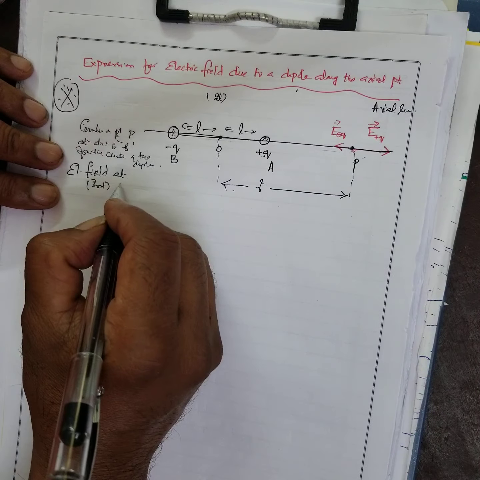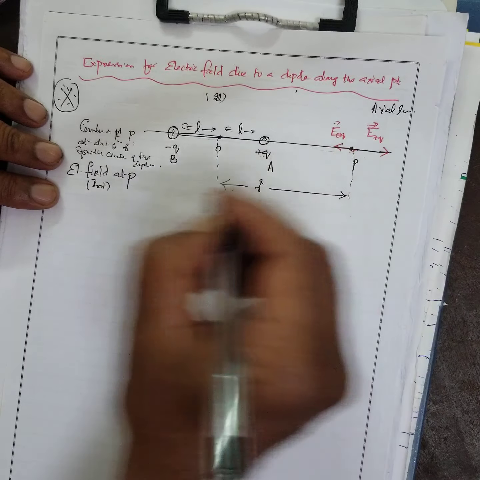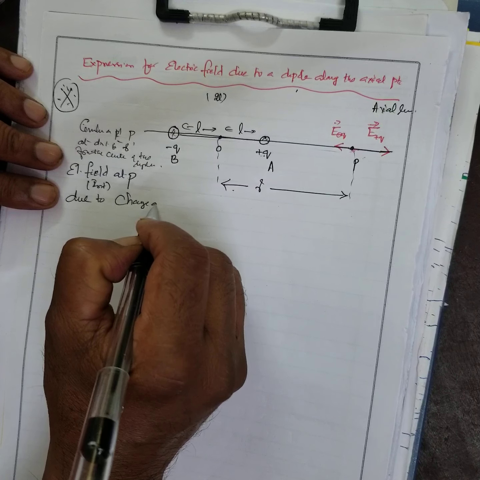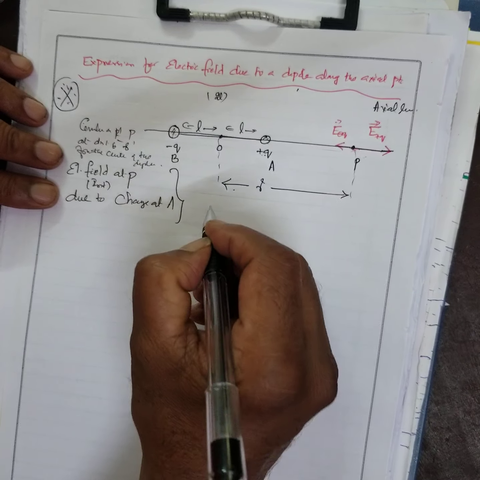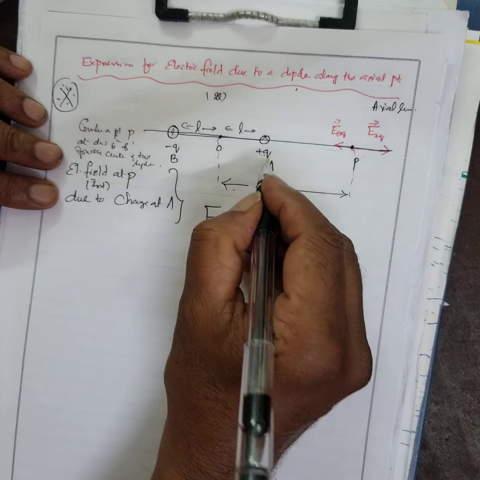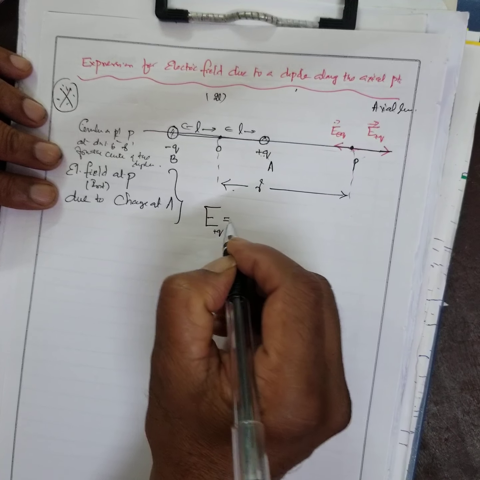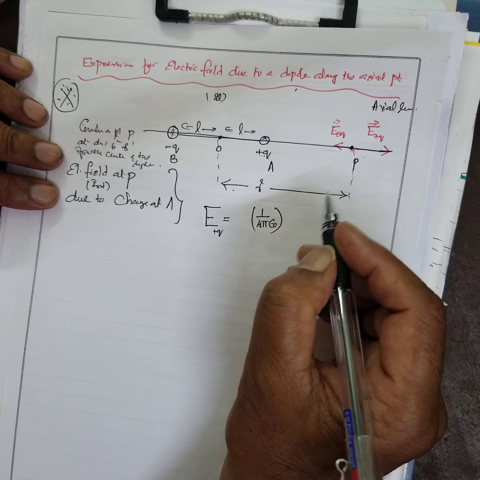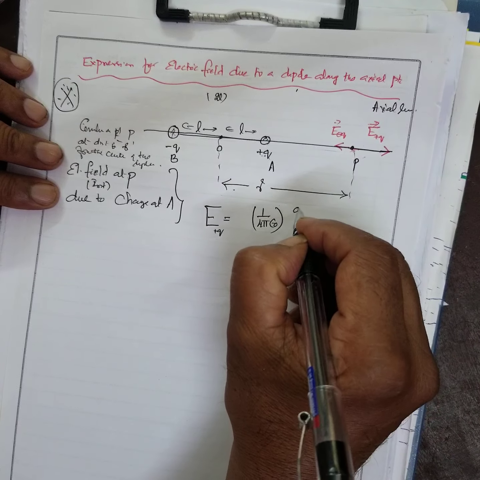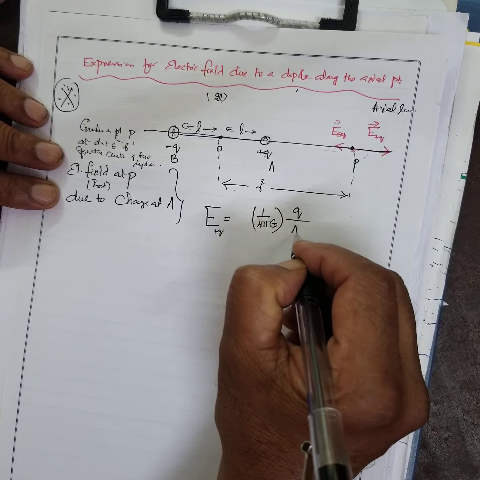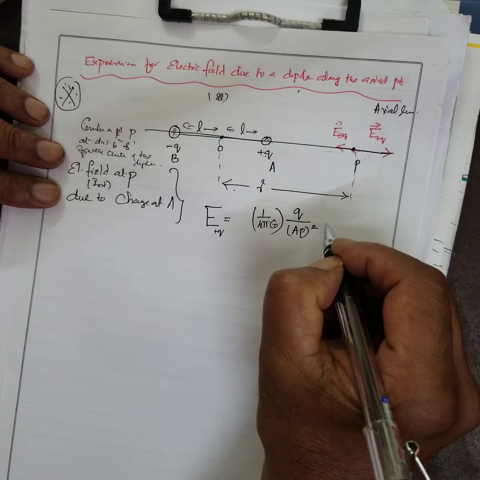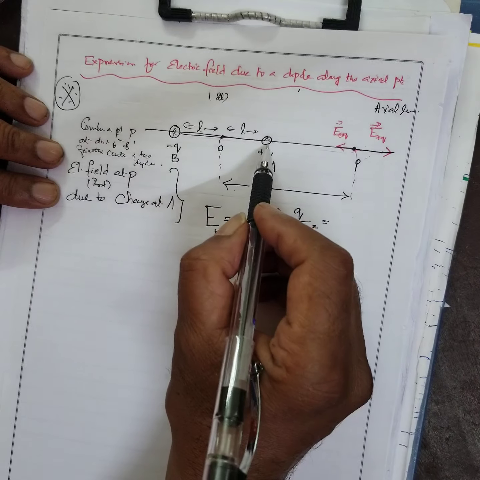Therefore, the electric intensity at P due to the charge at A is 1 by 4 pi epsilon naught times the charge divided by AP whole square, right? What is AP?